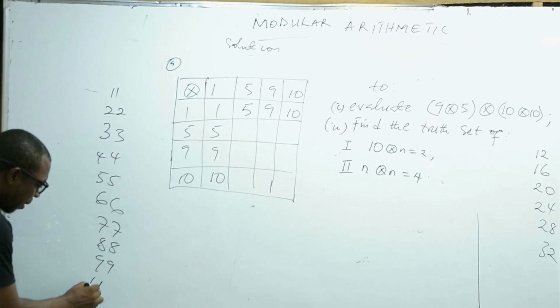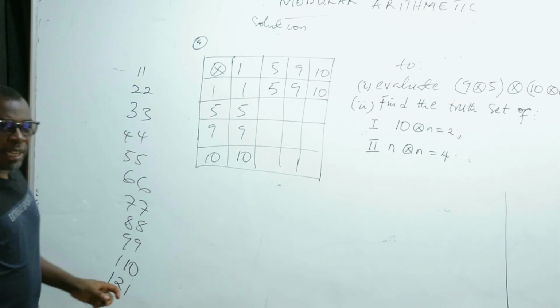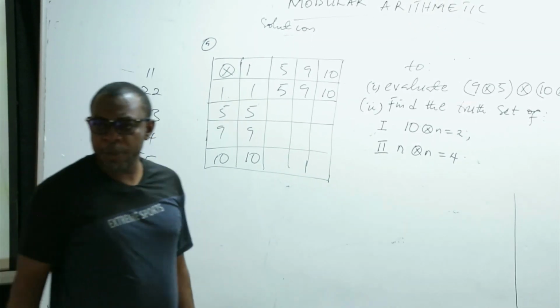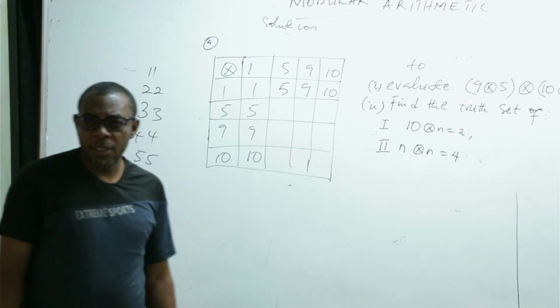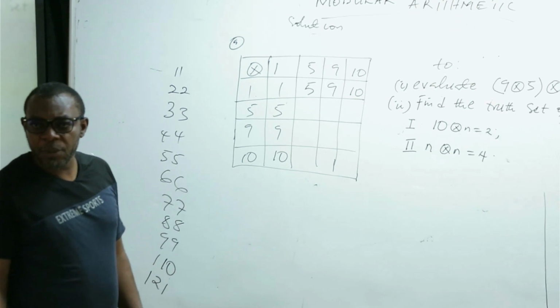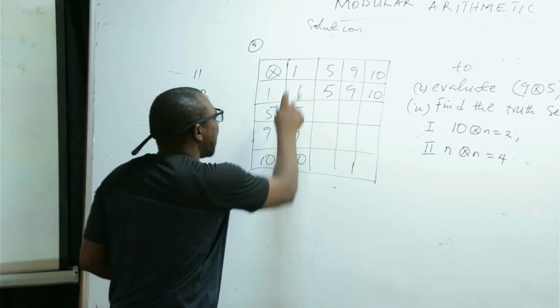If you can generate this, we have no problems. Here is the main point we are going to be working with. Let's continue. 1 times 1 is 1.